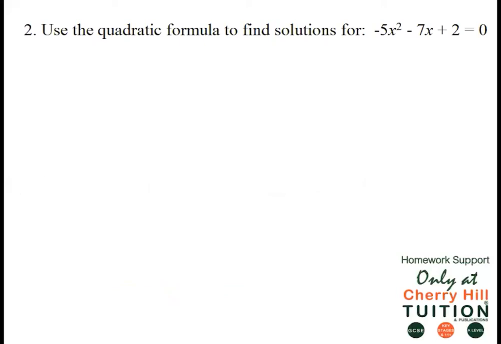So question 2, use the quadratic formula to find solutions for minus 5x squared minus 7x plus 2 is equal to 0. Now, whenever we have a question that asks us to use the quadratic formula, the first thing we need to do is write down the quadratic formula. So x is equal to minus b plus and minus the square root of b squared minus 4ac over 2a.